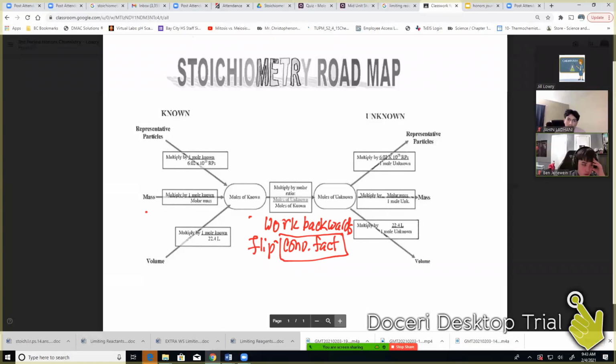In other words, if I had 3 moles of sodium and I wanted to find out how many grams of it, I would start here, but then I would have to flip it. So now I would multiply it where its molar mass was on the top and the 1 was on the bottom. And then that would get me to mass of that same known. So if you have to work backwards, take your conversion factor and flip it, which means you're just changing where the 1 is, and then that'll get you through that way.